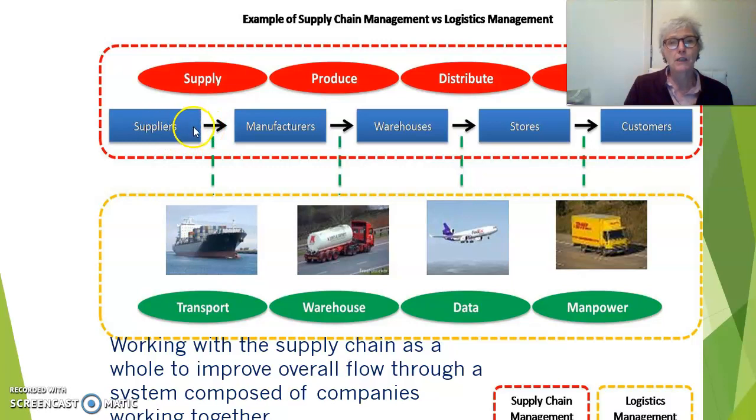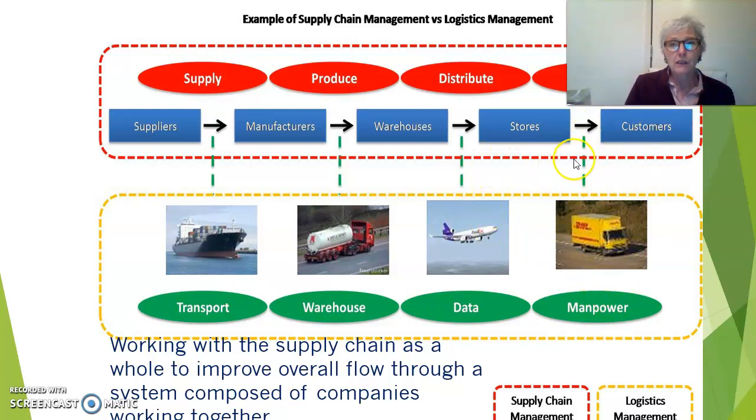So the suppliers via shipping are going to transport the products to the manufacturers, and these transport the products again to the warehouses by truck, and then maybe they use airplanes as well, and finally the products move to stores and maybe use DHL to get the products to the customers.